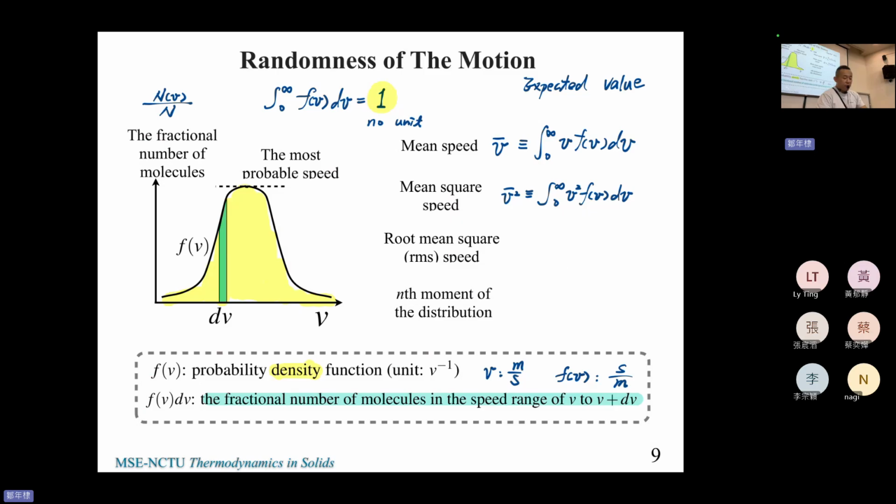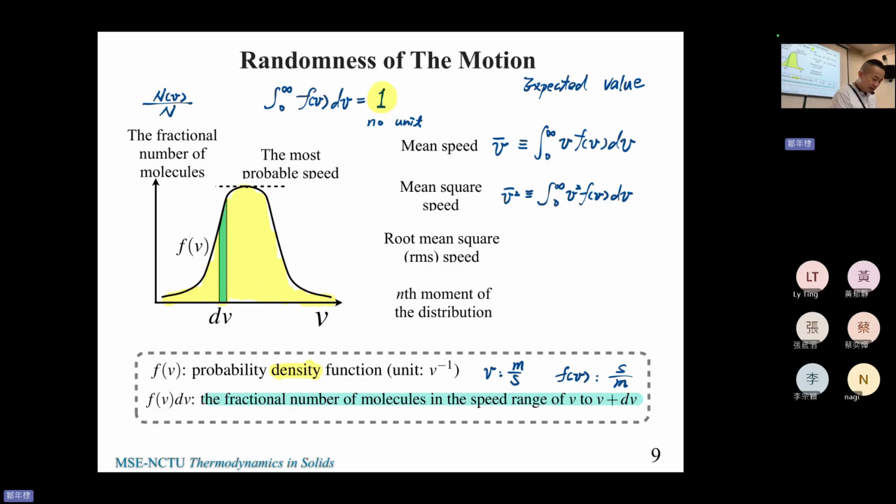Maybe some of you may ask why we need mean square speed. Why we need this? Because half m v squared means the kinetic energy. So that's why we need mean square speed for later use. It has quite an energy sense. Okay?